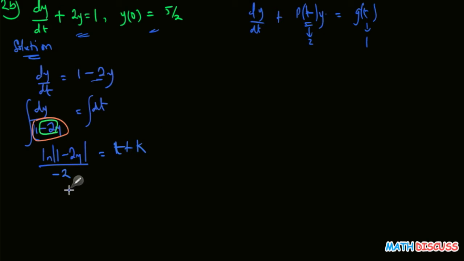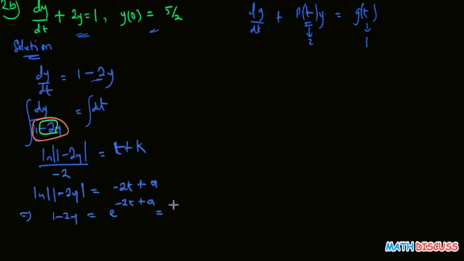So I could easily cross multiply here. What I have here is ln of 1 minus 2y equals minus 2t, then times negative 2k. So I could represent that with another constant. Let me call that a. So ln of 1 minus 2y equals negative 2t plus a. So this implies that 1 minus 2y equals e to the power negative 2t plus a.